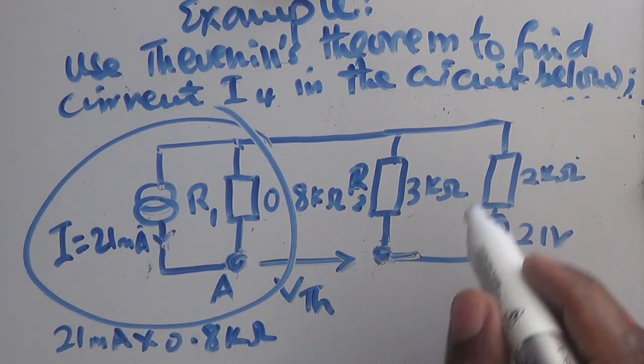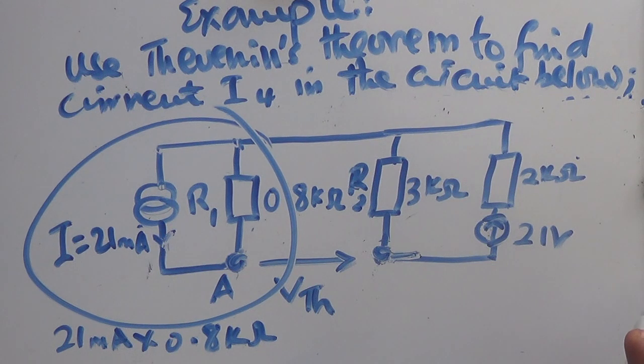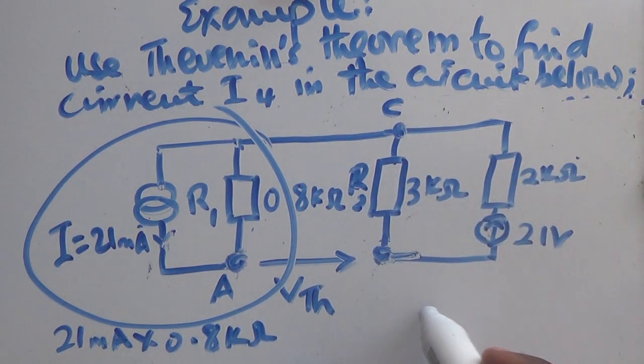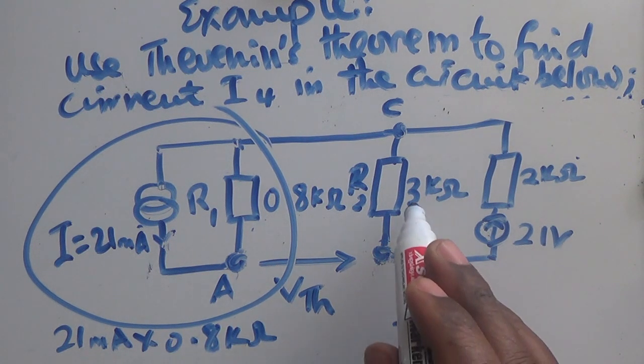And then on this side, if you want to visualize it properly, it's like at this point C here. So we have this point C, and then we have this resistance of 3.